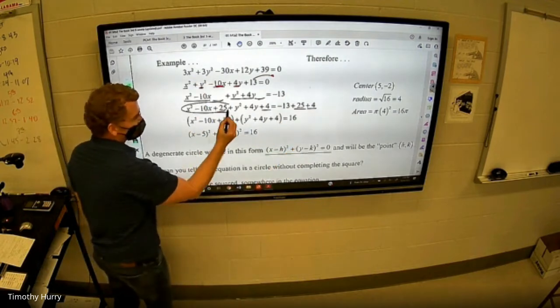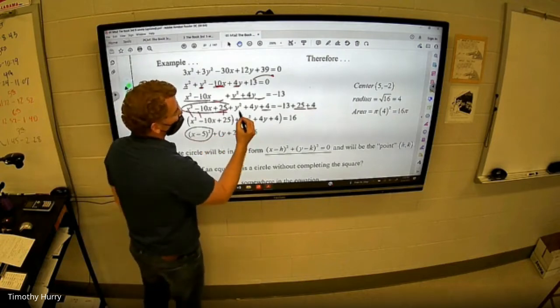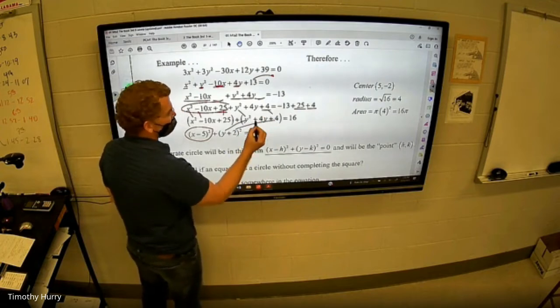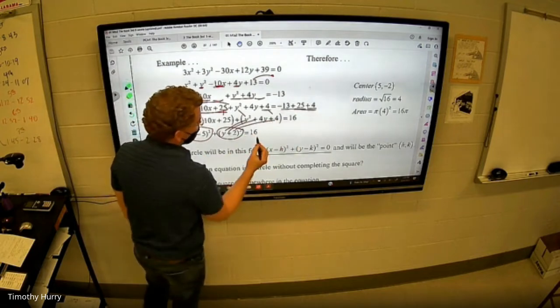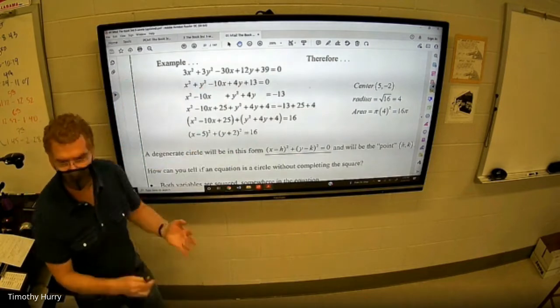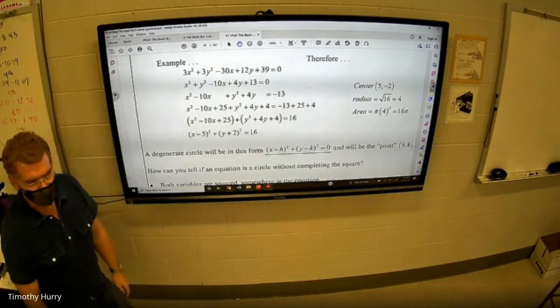Factors the same way, right? Square root, sign of the middle, squared. Right here, square root of that, square root of that, sign of the middle, squared. And then you're left with just that, and that, which gives you a 16. And you got it completed. And once you have that, you can tell where the center is and what the radius is and find the area and do anything you want.